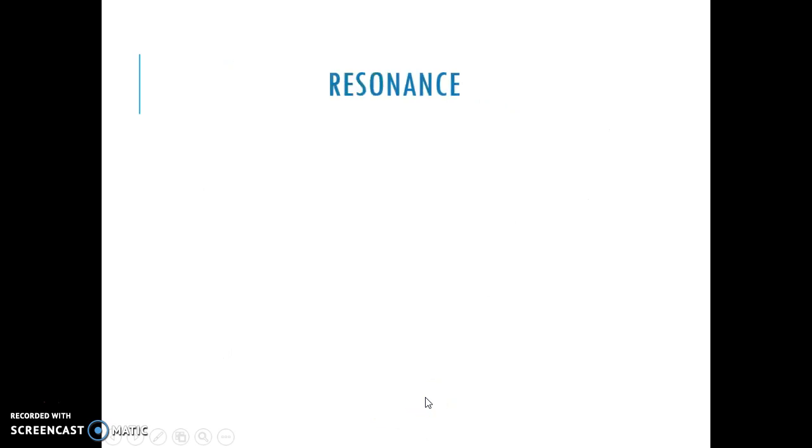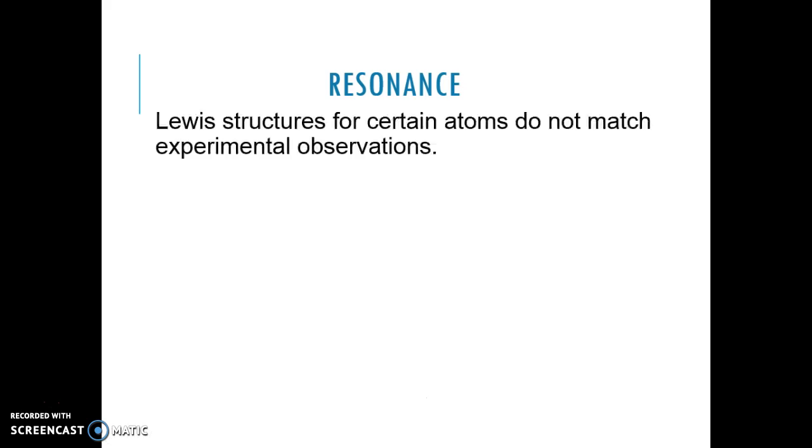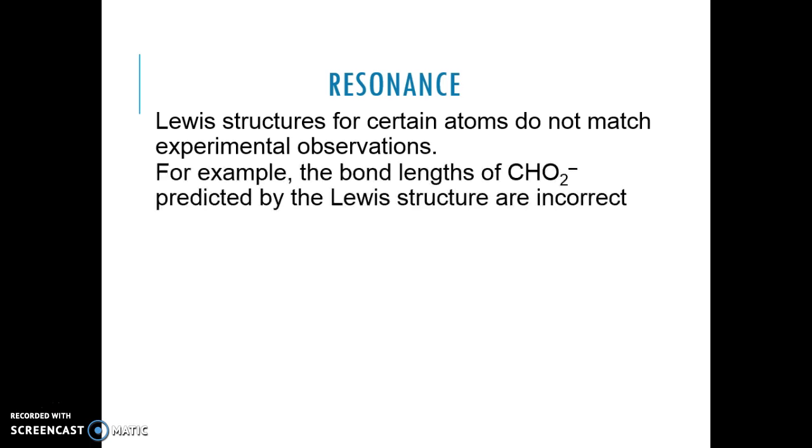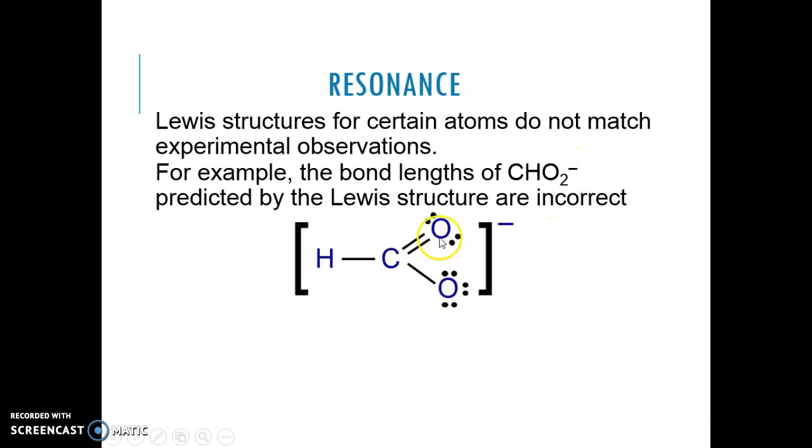All right, last idea with this Lewis structure stuff is the idea of resonance. So Lewis structures for certain molecules don't match experimental information. So for example, the bond lengths in CHO2 minus predicted by the Lewis structure are really wrong. So if we do the Lewis structure for CHO2 minus, this is what we would come up with.